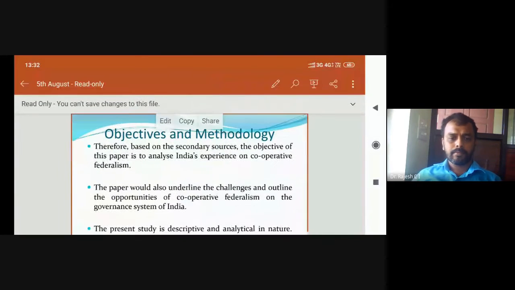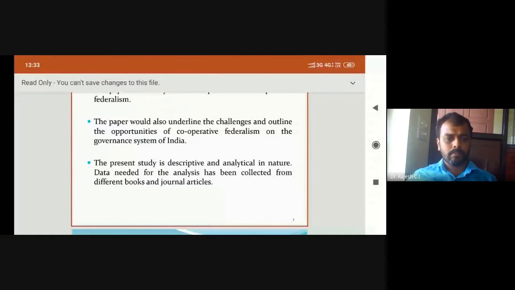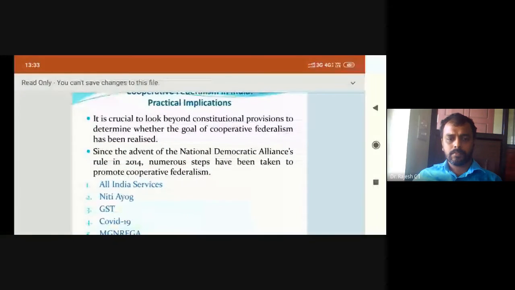Basically, this study is secondary in nature, and the objective of this paper is to analyze India's experience of cooperative federalism. The paper also outlines the challenges and opportunities of cooperative federalism for the governance system of India. The data needed for this analysis has been collected from different books and journal articles.